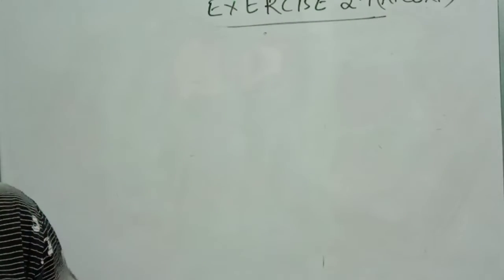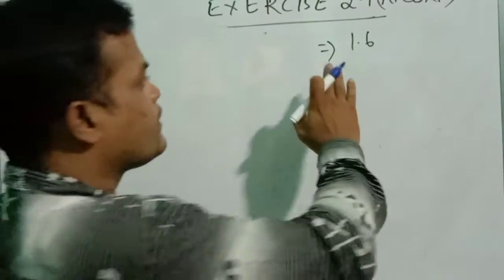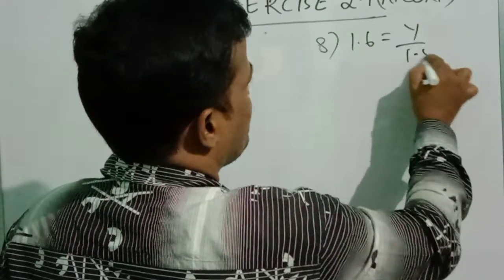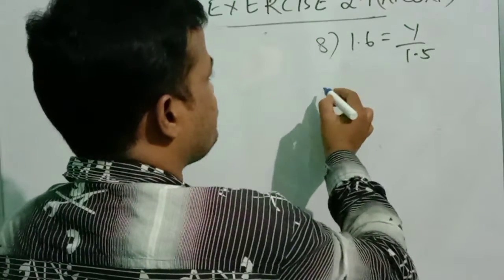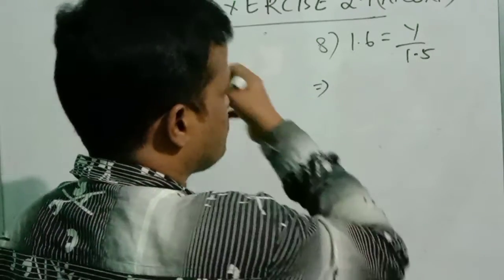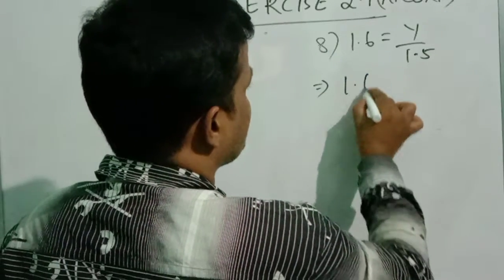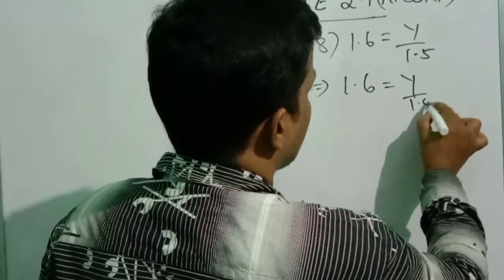Number 8, 1.6 is equal to y by 1.5. This is given. So you can write 1.6 will be there on the right side, y by 1.5.